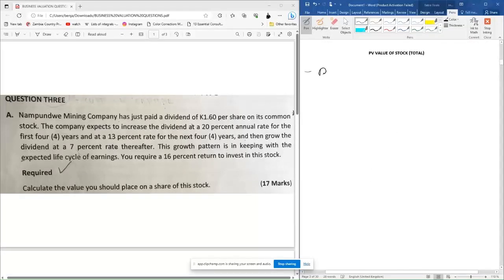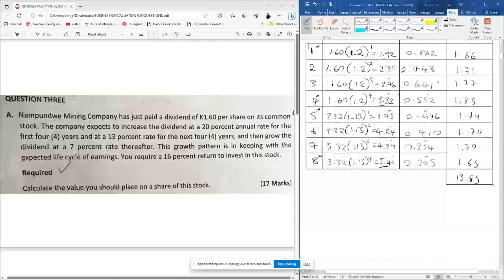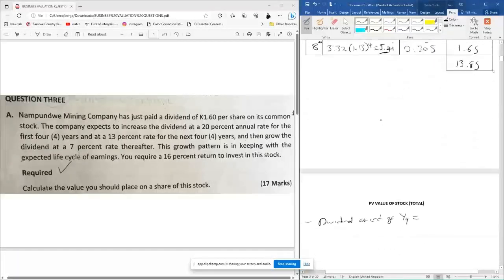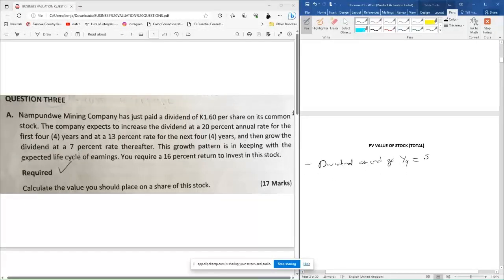To find our dividend at the end of year 9, we need to use our dividend at the end of year 8, which is 5 kwacha 41 ngwe. And remember that we need to find the future value of this dividend at a growth rate of 7%, right? So if this dividend here, at the end of year 8, has to grow at the rate of 7% thereafter.